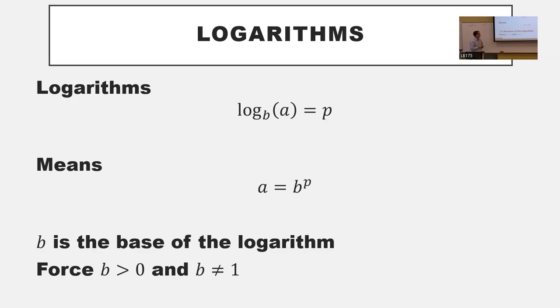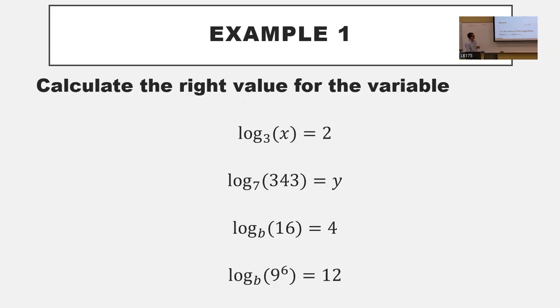We'll always assume the base of our logs are positive and not 1. 1's the trivial case. So this connection between logarithms and exponential functions turns out to be really nice. I can use the connection if I want to solve logarithmic equations.